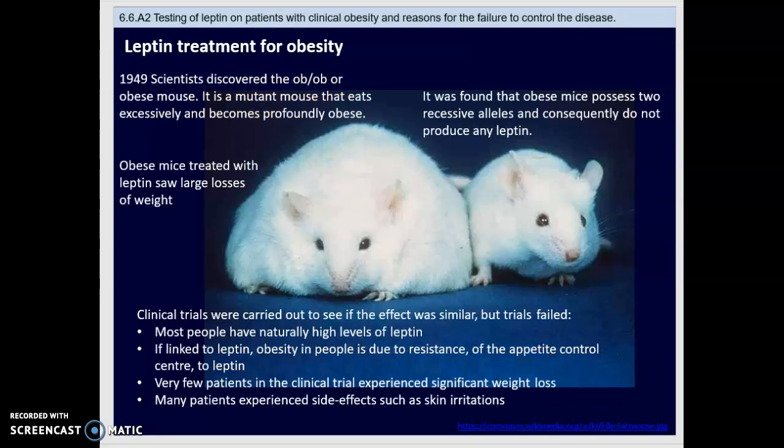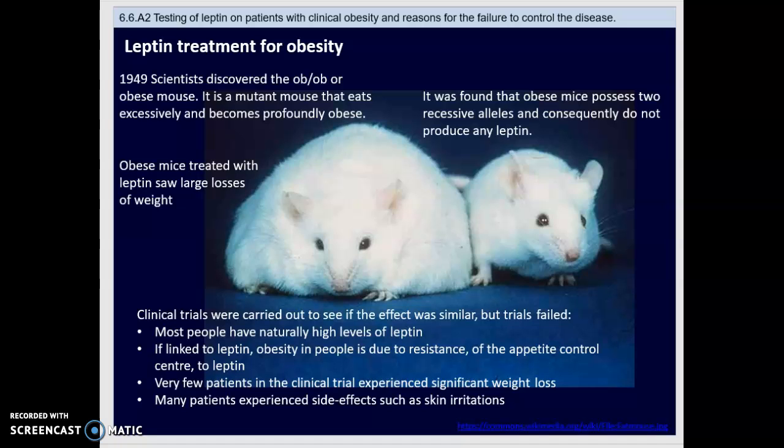So in the 1950s, or 1949, effectively, they found that there was a mutation in mice, and that means they became profoundly obese. And what they did is they treated these mice with leptin, which saw them lose weight. So they thought, well, maybe we can do this with humans, but the trials failed. Most people generally have high levels of leptin.